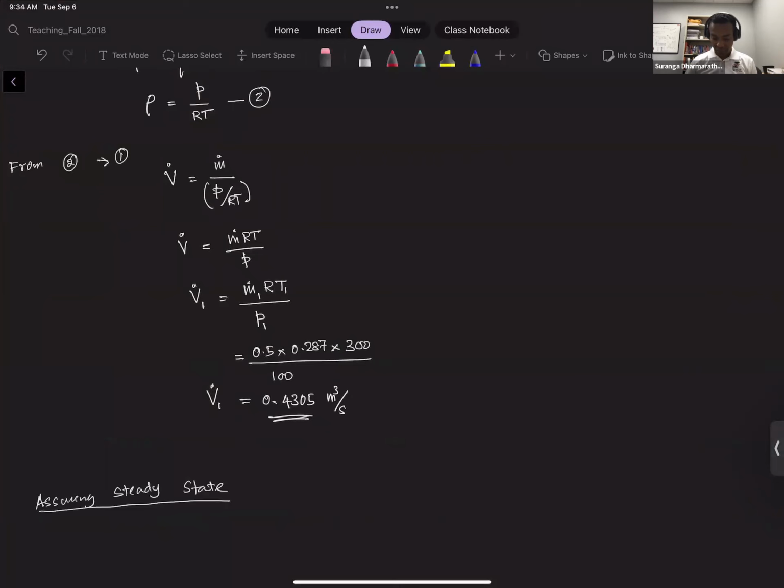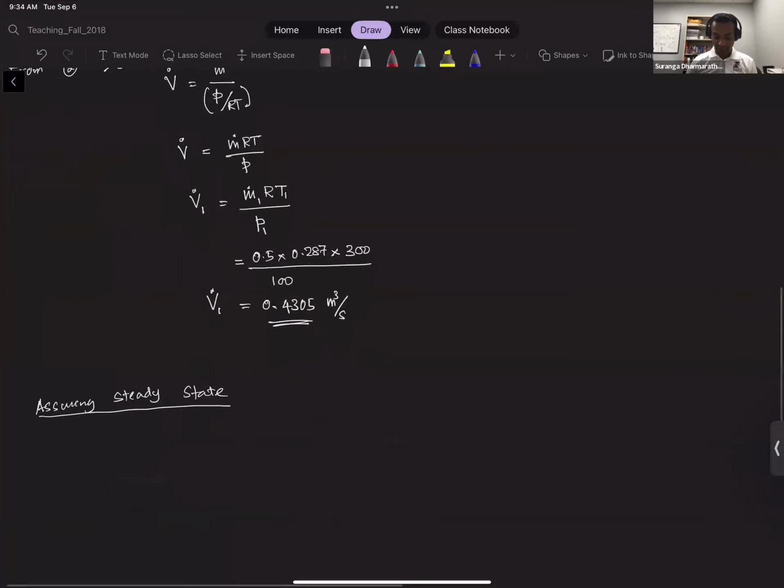We need to have the assumption of steady state. Assuming steady state, apply the first law for process 1 to 2.